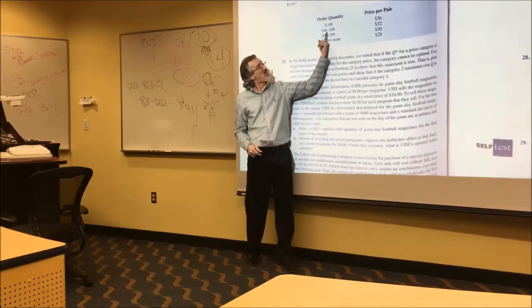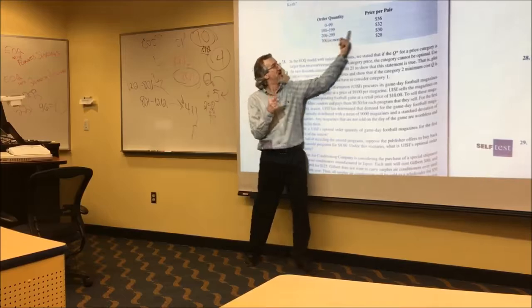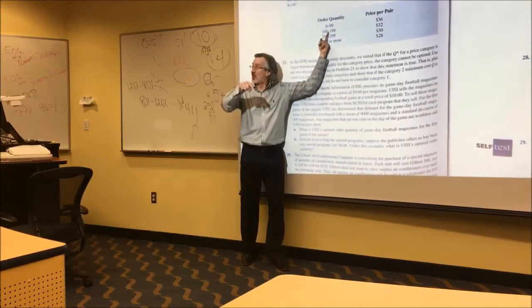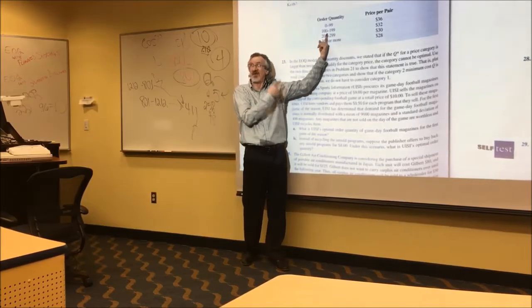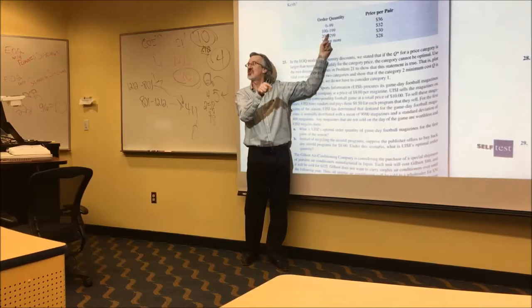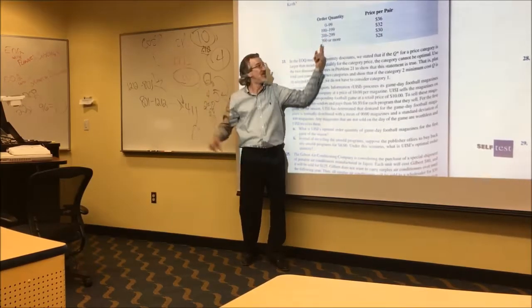The optimal quantity falls between 100 and 199. So when we do total cost for this one, to get that price of $32, Q is the optimal quantity, not the 100. Because the optimal quantity fell in that range, we're ordering 122, and we're making Q 122 when we calculate the total cost.